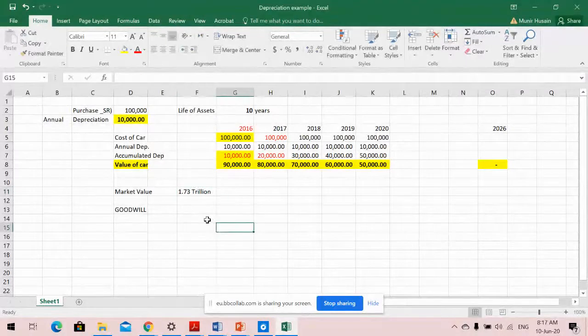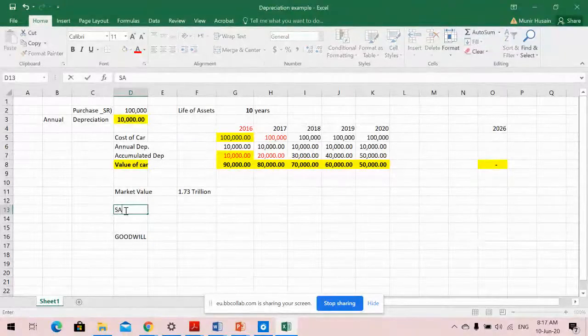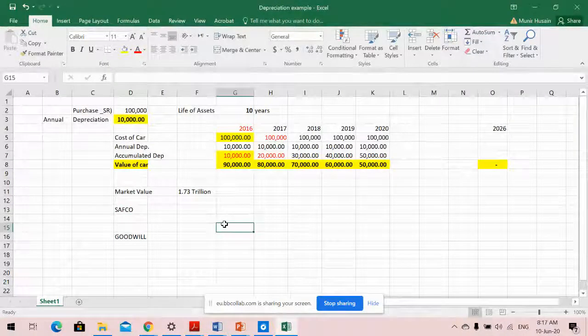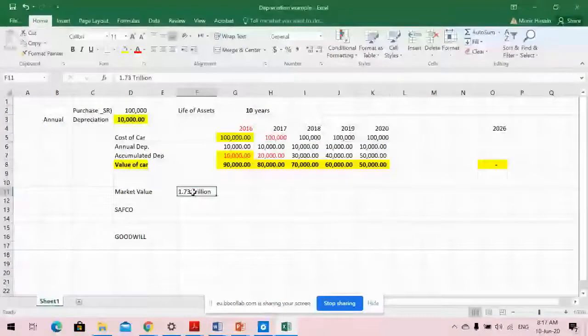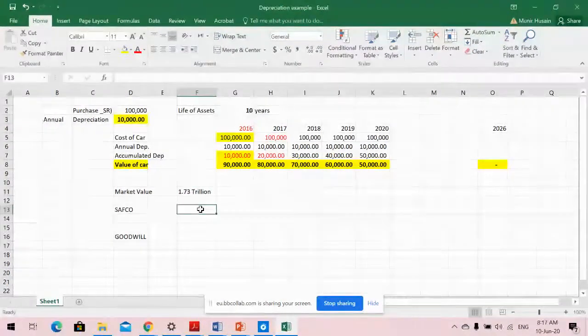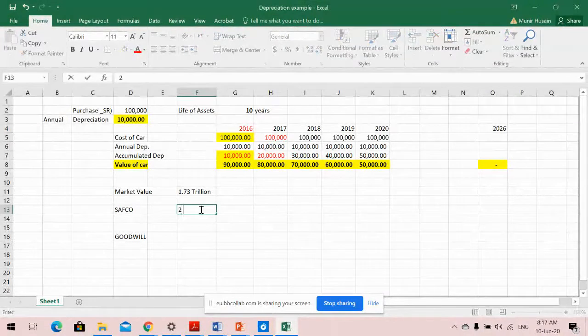Now, Safco wants to purchase Aramco, the whole company. And Aramco said, no, no, we are not going to sell at 1.73 trillion. This is what we have. If you want to purchase, you have to pay us 2 trillion, as an example.